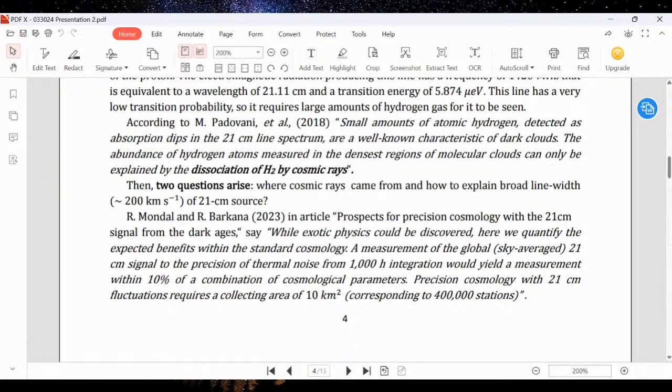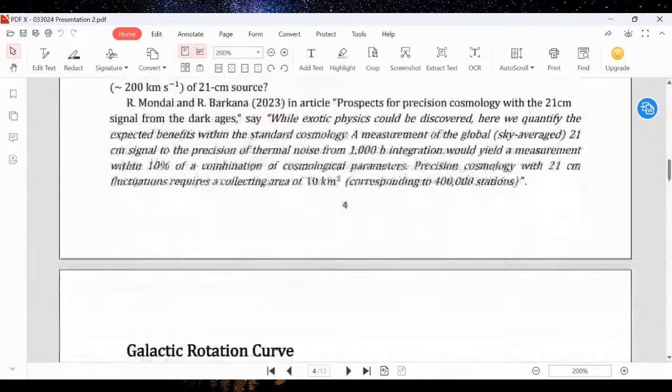A measurement of the global sky average 21 centimeter signal to the precision of thermal noise from 1,000 hour integration would yield a measurement within 10% of a combination of cosmological parameters. Precision cosmology with 21 centimeter fluctuations requires a collecting area of 10 square kilometers, corresponding to 400,000 stations. Is it reasonable or not? It seems to me unreasonable.